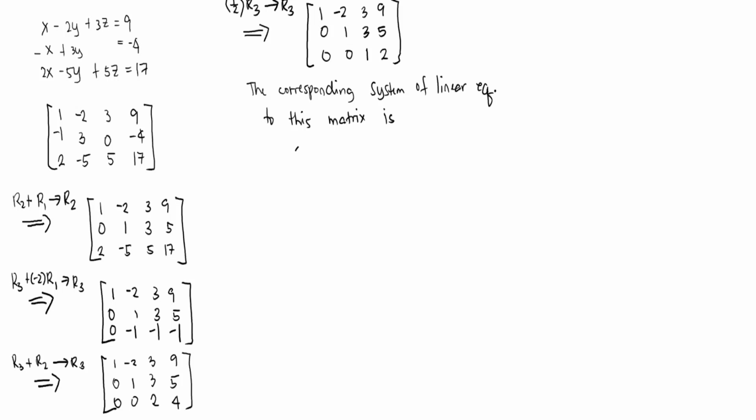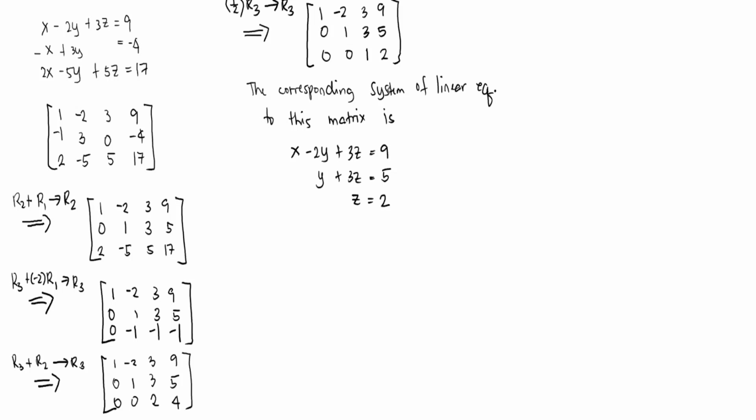So we have 1x, or just simply x, negative 2y plus 3z equals 9. And then we have this for y plus 3z and then 5. Then 0 for x, 0 for y, so we have z only here. So we have z equals 2.